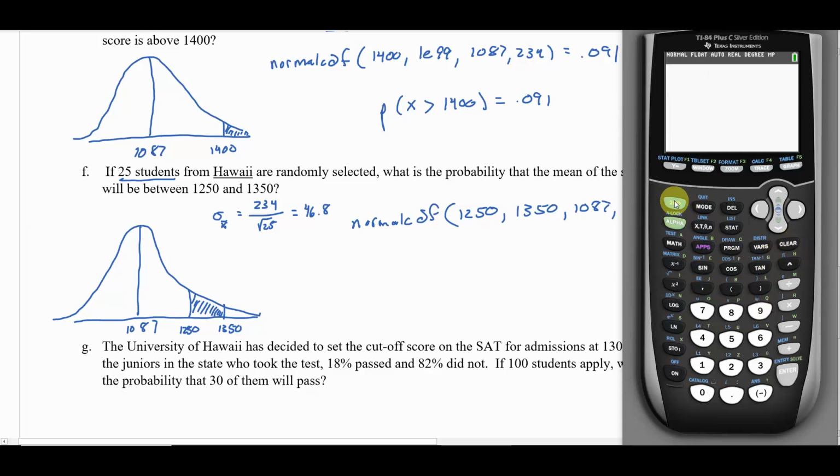So I'm going to grab my calculator, go second distribution, normal CDF, and we're going to say 1250 to 1350. Mean 1,087, and our standard deviation is now 46.8.